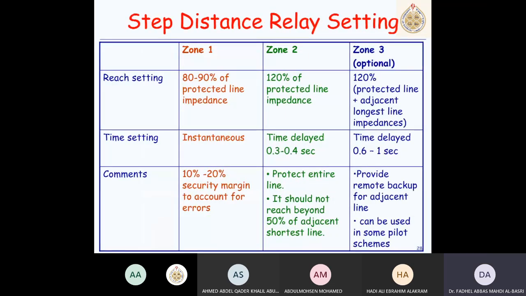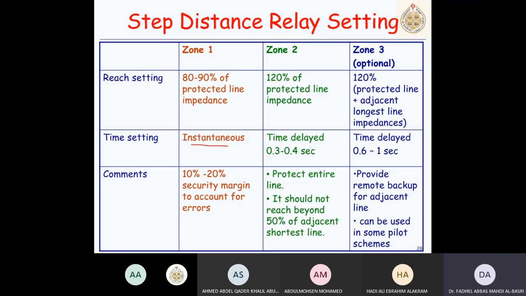So what are these settings? Zone 1 is set to protect 80 to 90%, and the time setting of this is instantaneous. There is no time setting, so it's set at minimum time. The remaining 10 to 20% is a security margin to account for CT and VT errors.